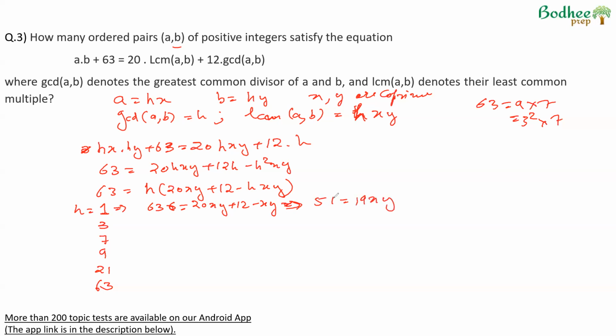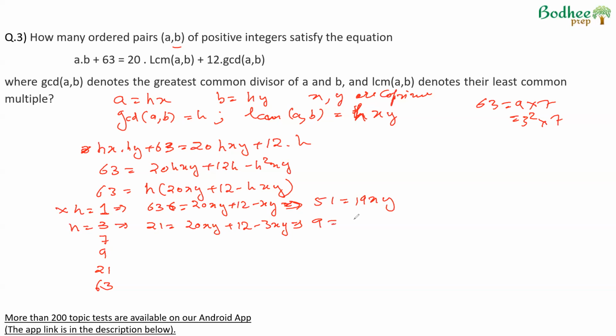Clearly, xy will be 51 by 19, which is fractional. So this is not true. If H is equal to 3, 63 by 3, we can write 21 is equal to 20xy plus 12 minus 3xy, which means 21 minus 12.